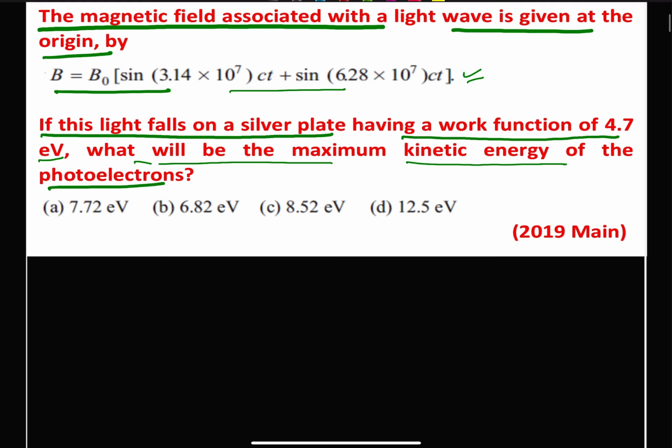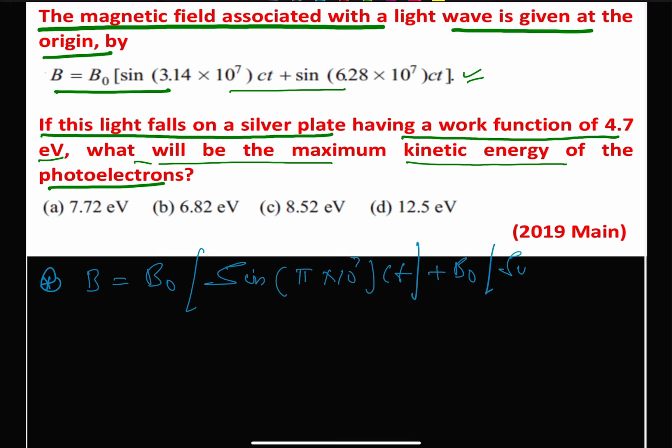So we can write the given equation as B is equal to B naught sine of pi into 10 to the power 7 times C multiplied by T, plus B naught sine of 2 pi into 10 to the power 7 times Ct.